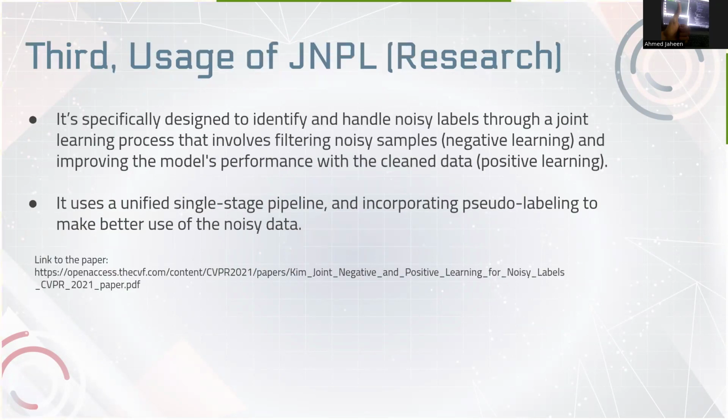And thirdly was the JNPL, which we saw in a research paper that was published three years ago or something. It's designed to identify noisy labels through a joint learning process that involves filtering with negative learning and improving with clean data through positive learning. And it used a unified single-stage pipeline with pseudo labeling to make better usage of noisy data.